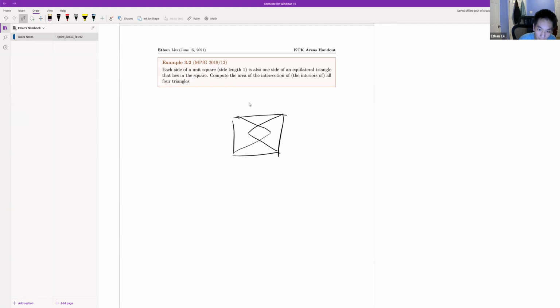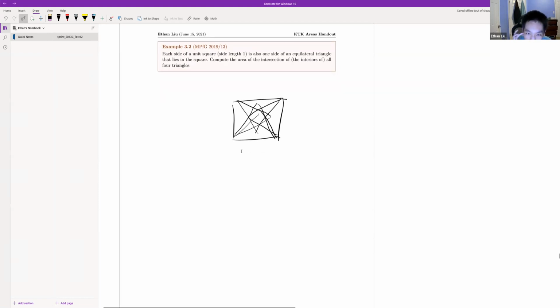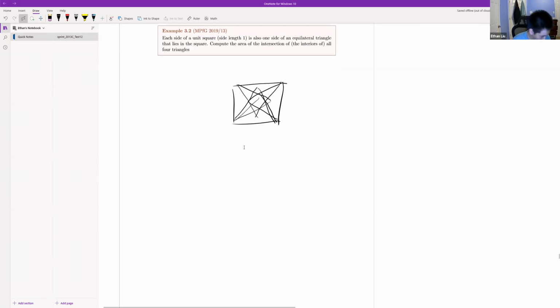Then I don't think I've drawn a very good diagram. It's not like that. So something inside here. I feel like I'm drawing a really bad diagram. This is really not helping. Let's try again.